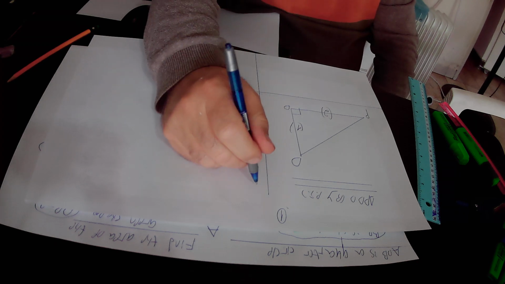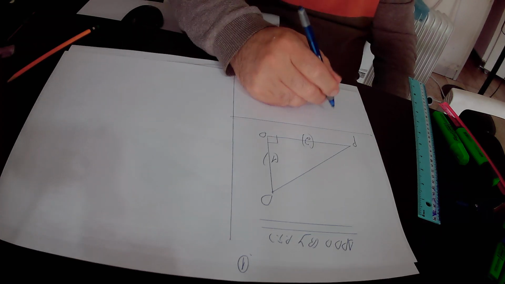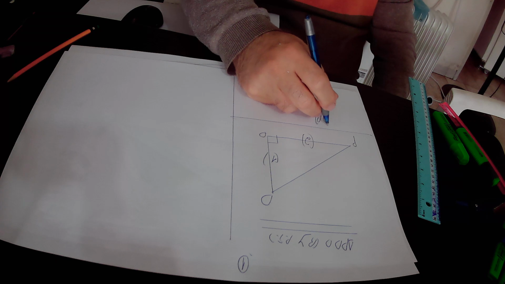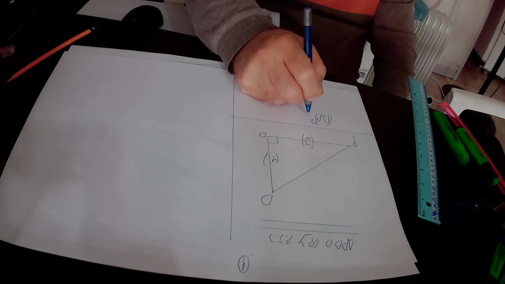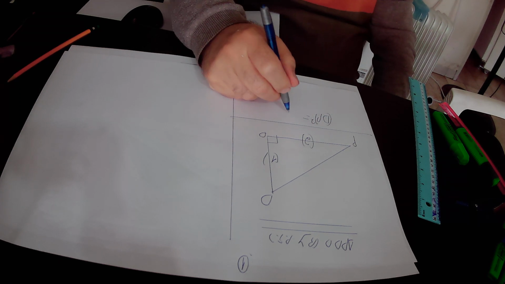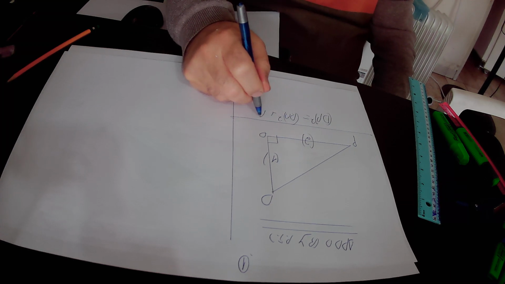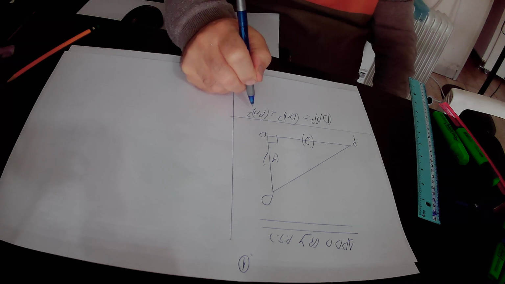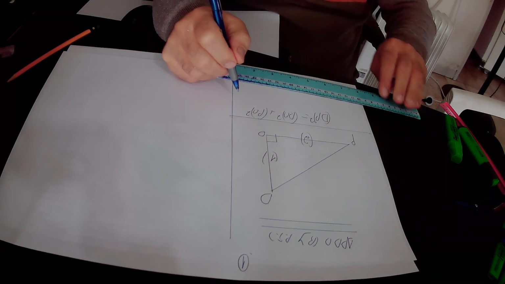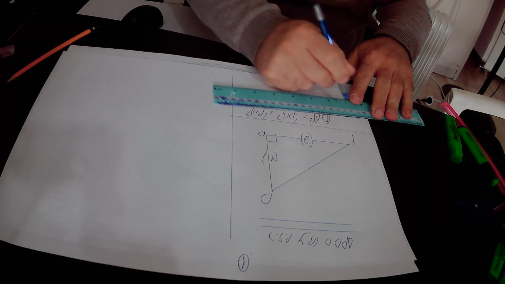DP square equals DO square plus PO square. The hypotenuse DP is the missing side, so we'll leave it as it is.